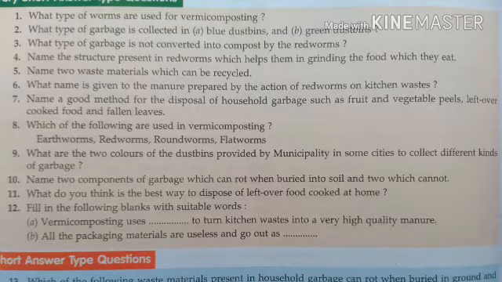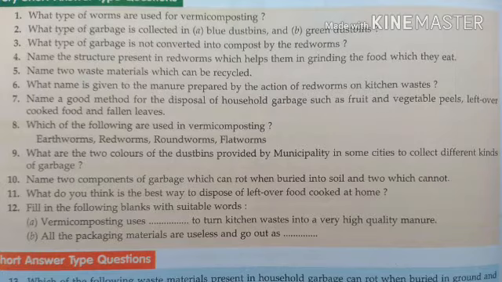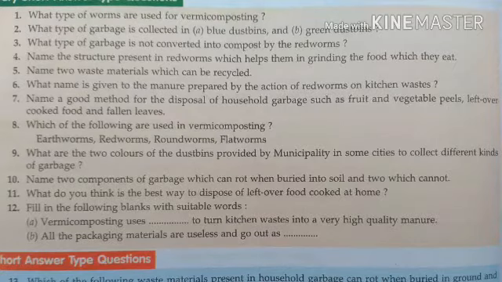Name two components of garbage which can rot when buried in the soil and two which cannot. The components which can rot are called biodegradable material, like plant wastage, animal wastage or leftover food.